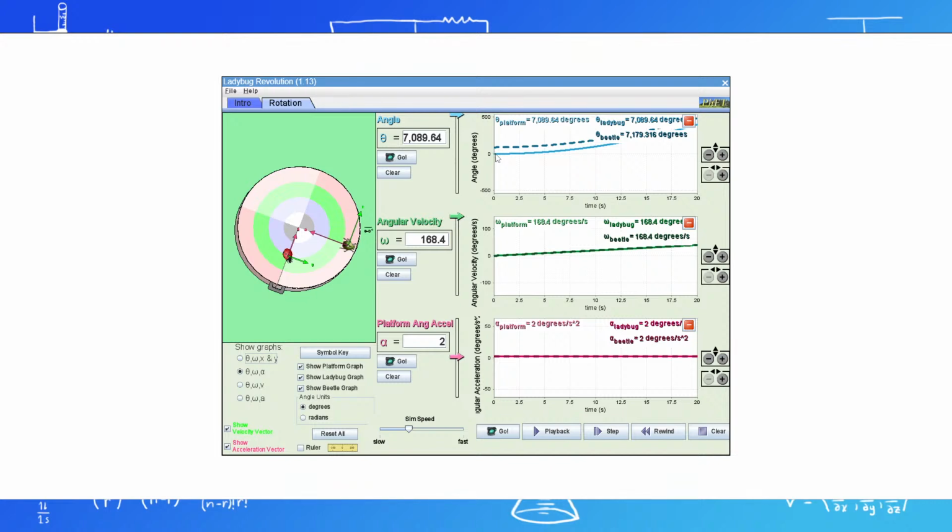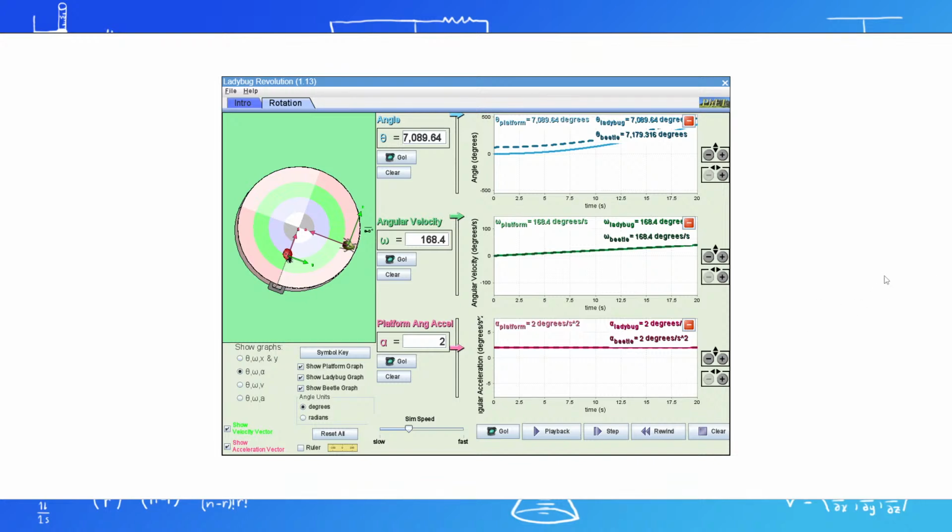So yeah, you see the angle seems to be some sort of parabola. The angular velocity seems to be some sort of straight line going up. And the angular acceleration, if I zoom in just enough to show that it's not at 0, it's the graph of some constant. It's just a straight horizontal line.